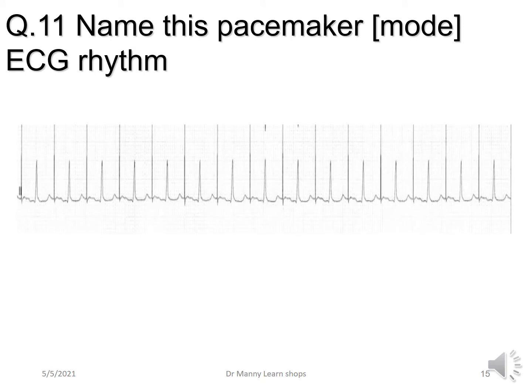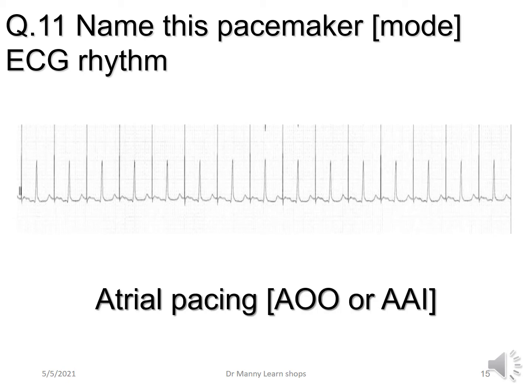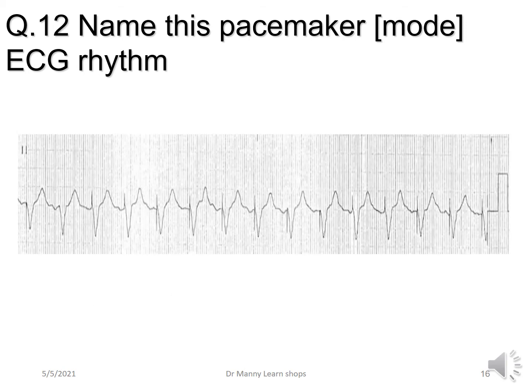What about the following? Can you name this pacemaker mode on the ECG rhythm? The correct answer is AOO or AAI. This is atrial pacing. What about this pacemaker mode?